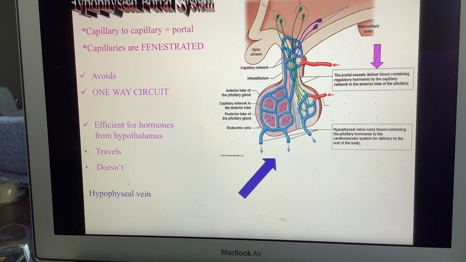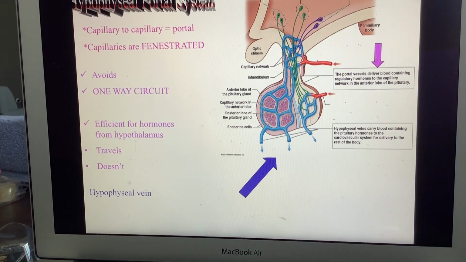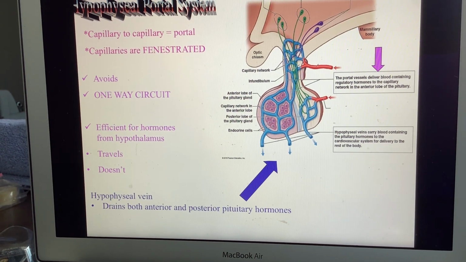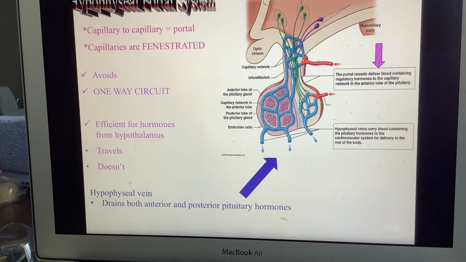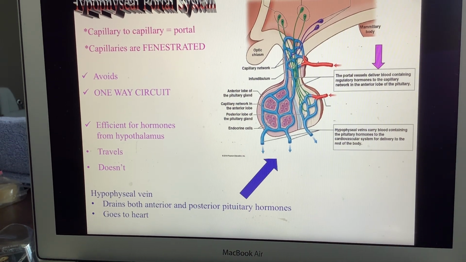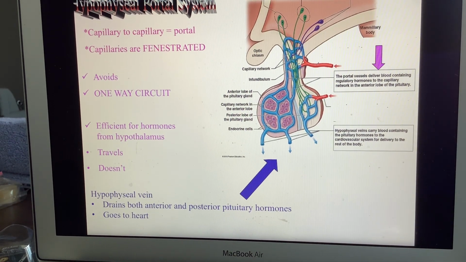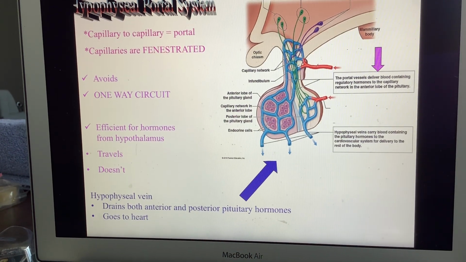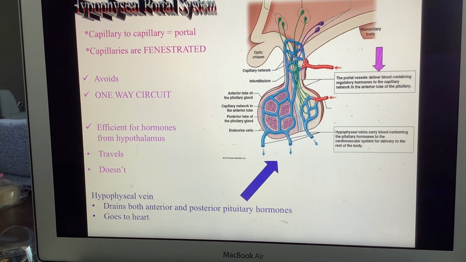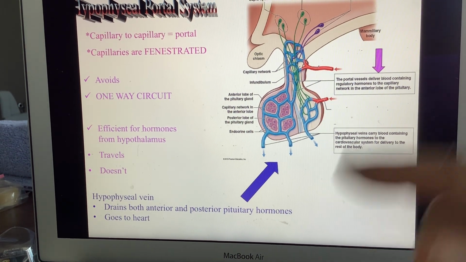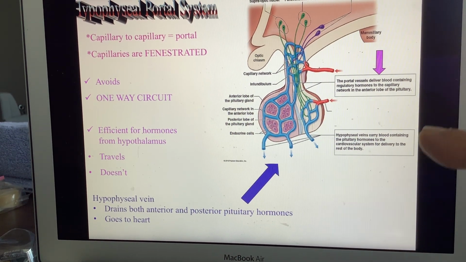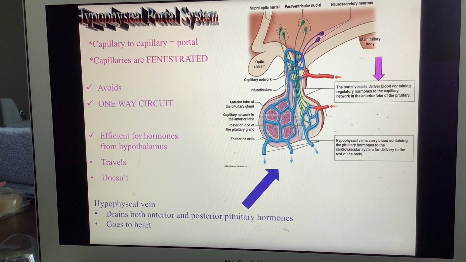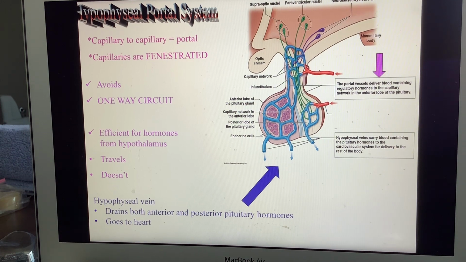And when we talk about the hypophyseal vein, it drains both the anterior and posterior pituitary hormones, and then it's going to go to the heart, and then out and back. Now, it's going to drain the anterior, which its hormones are going to be in that portal system. The posterior pituitary hormones, though, remember, are going to be in that hypophyseal vein.